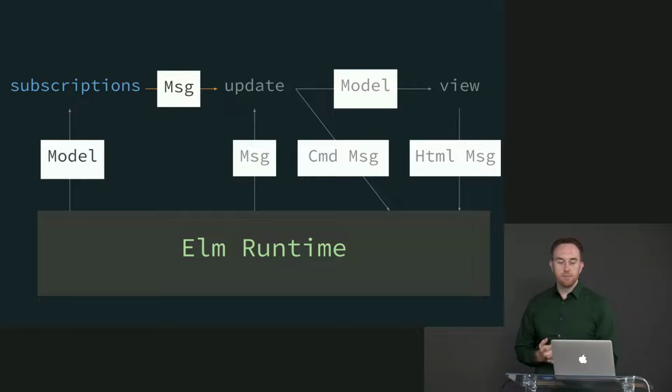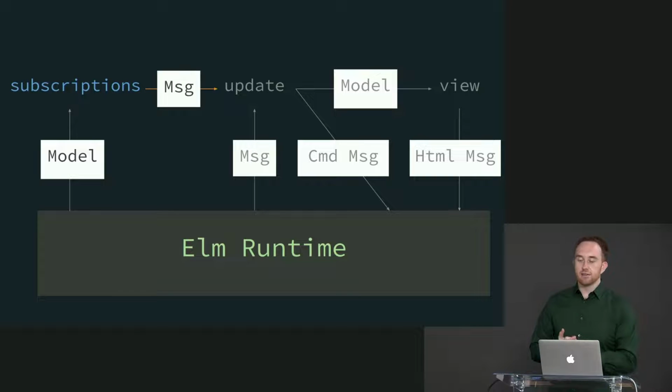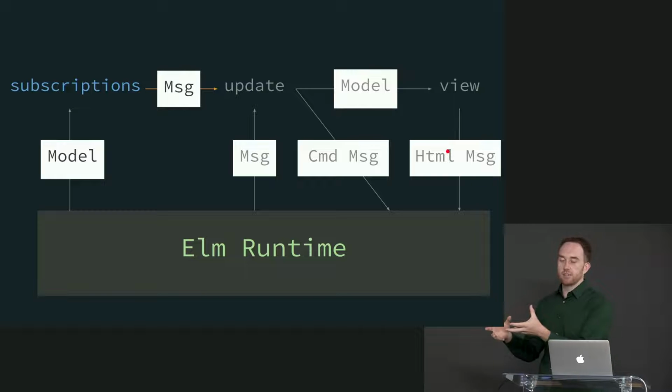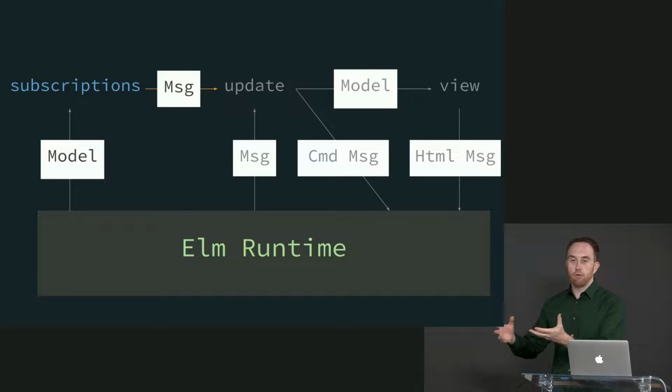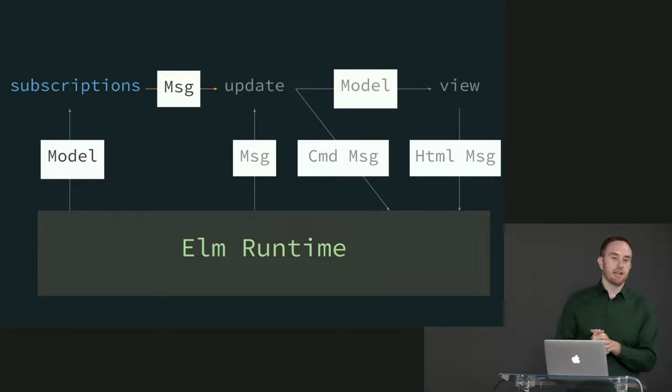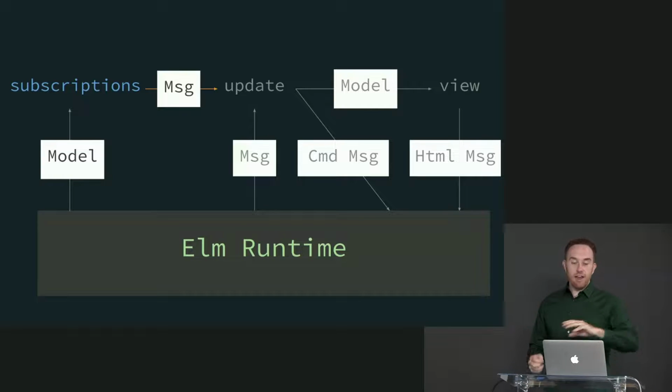Now fundamentally, subscriptions are essentially event listeners that are global. Whereas view will respond to user inputs for things that happen in response to actions on the DOM, subscriptions can be things like user inputs in a global context, which is to say a global mouse move. But they can also be other things. They can be things like, I want you to send a message to update every 3 seconds, based on a timer.